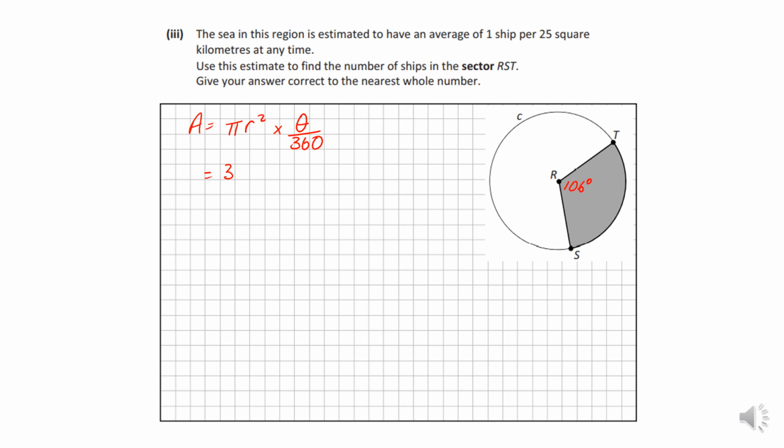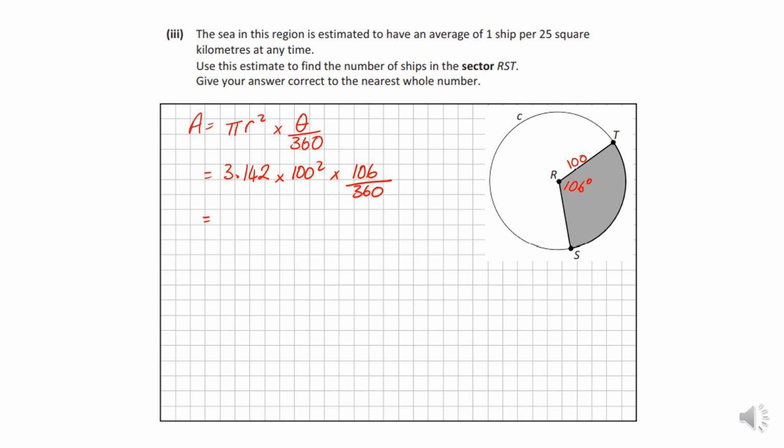So again, pi 3.14, if we go another decimal place maybe, would match up better, by the radius, which is 100 squared, by what fraction of a full circle do we have? 106 divided by 360.